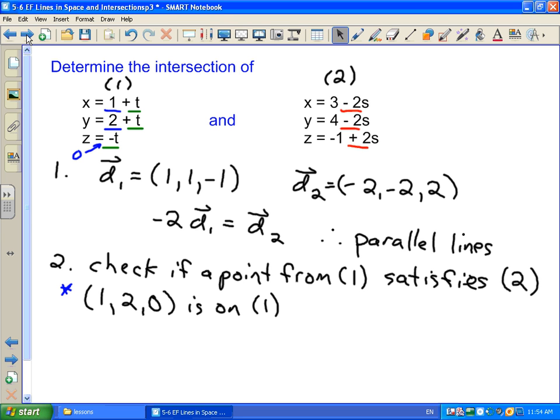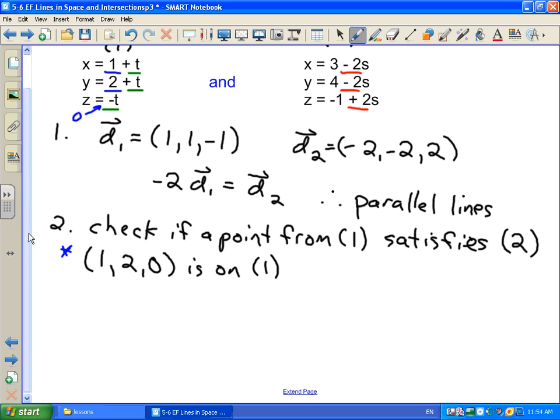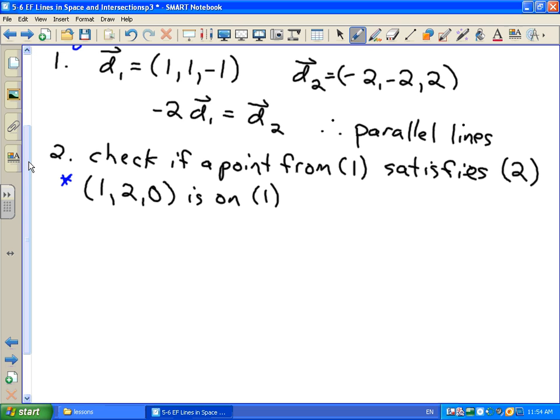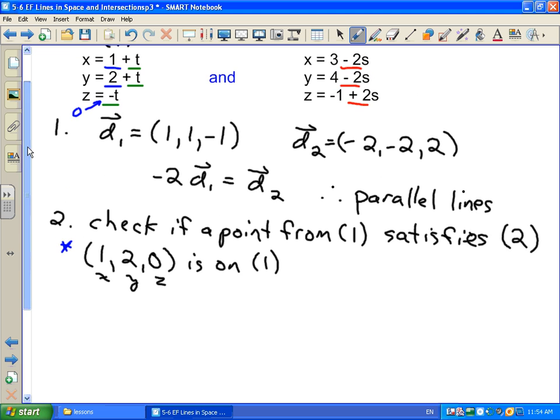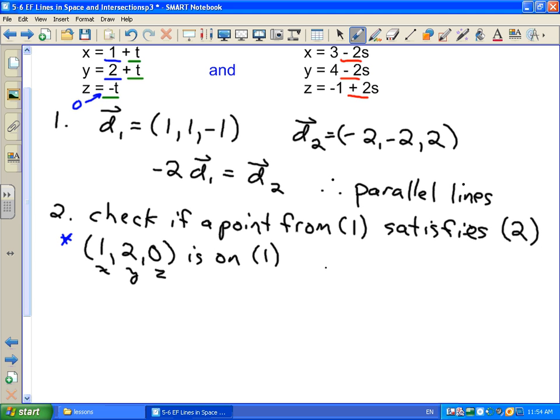So let's check to see if this also satisfies equation 2. This is giving us a value of x, y, and z. Let's sub these into our parametric equation for line 2. Or let's just deal with the x part first.